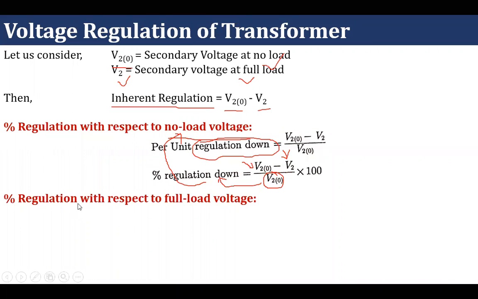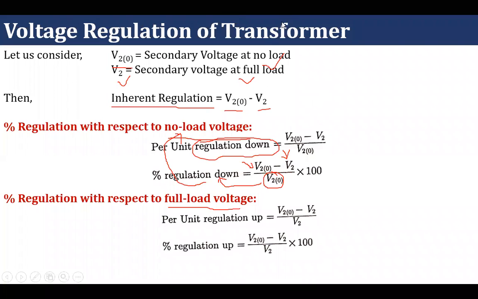The second way to calculate percentage regulation is with respect to full load voltage, and if we are calculating with respect to full load voltage, then we have to divide by full load voltage over here. Okay, so percent, and it is known as regulation up. So percentage regulation up will be equal to no load voltage minus full load voltage upon full load voltage, multiply with 100 just to get percentage value.